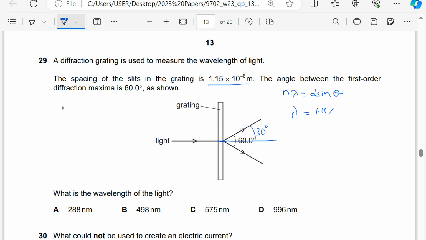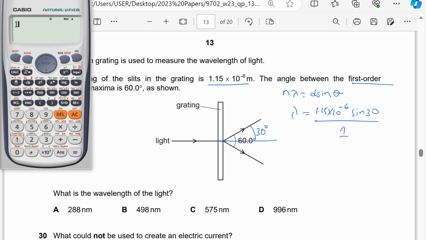d is 1.15 times 10 to the power of minus 6, times sine of 30, divided by, it is the first order, so this is divided by 1.